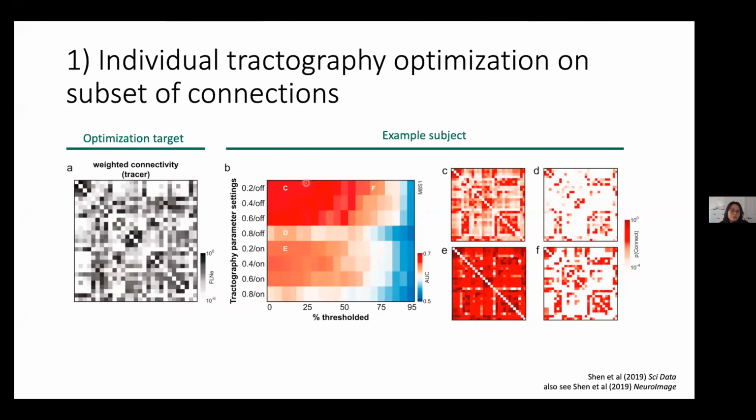And the heat map here shows the area under the ROC curve, so essentially a goodness of fit of those tractography parameters. And C here in panel C is the best fit set of tractography parameters. And you can see that it actually does a fairly good job of recreating that tracer matrix. And then in other tractography parameters, you actually get some highly varying results.